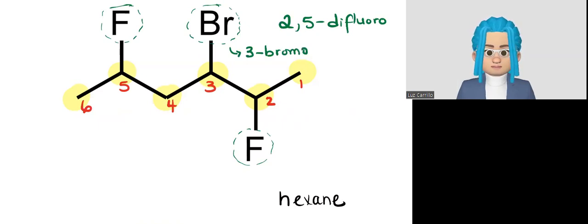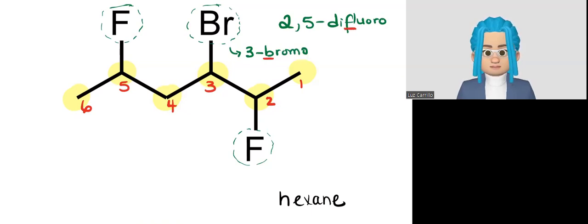When it comes to placing these alphabetically, let's understand that if you have 2 of the same and you have another substituent that is different, the letters that you're going to take into consideration for alphabetization is going to be the name of the substituent. So what we are comparing is the B in bromo to the F in fluoro.